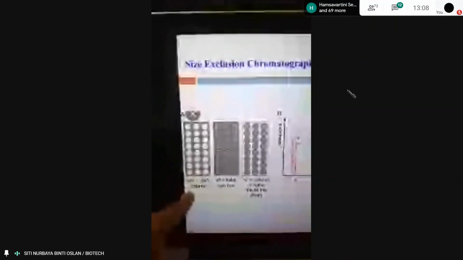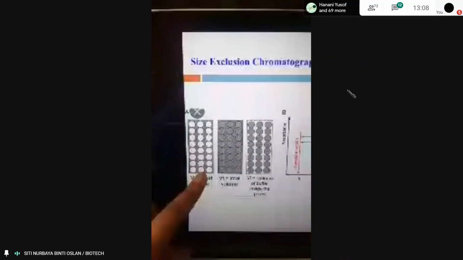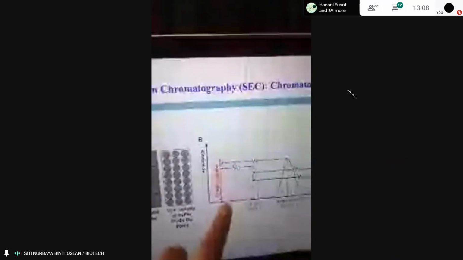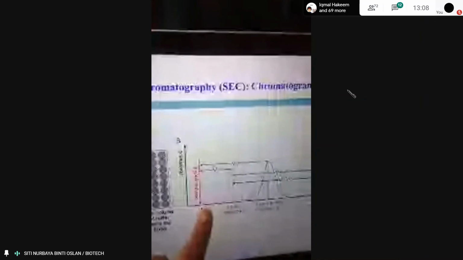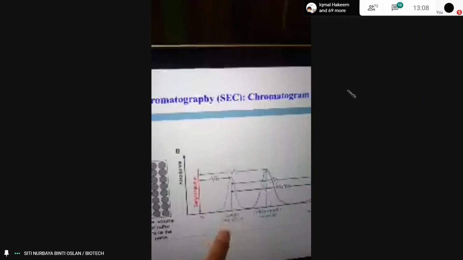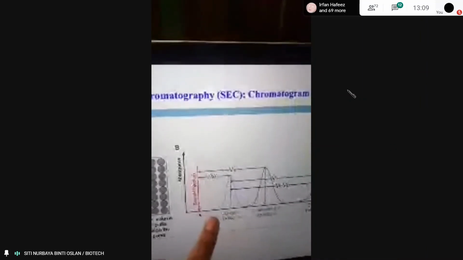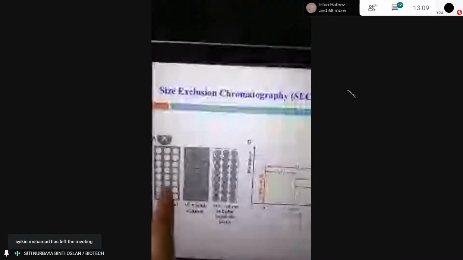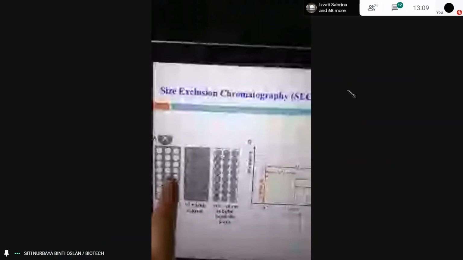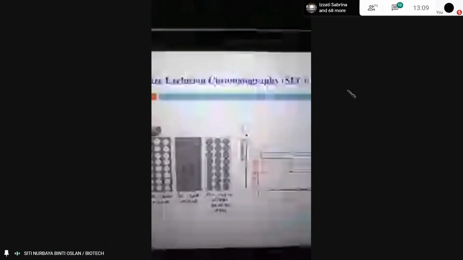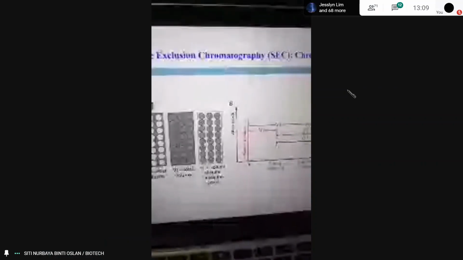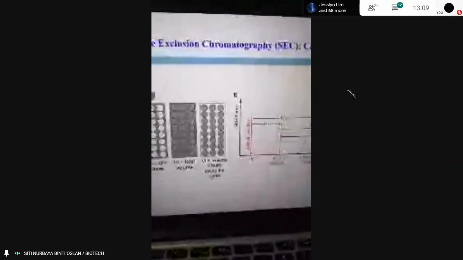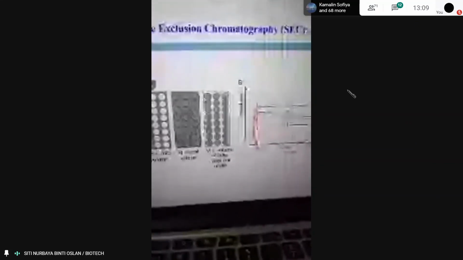It is not your sample yet. So if it is 100 ml, you don't want to start assaying the activity of your target protein from 1 ml, 2 ml, 3 ml, because you know the first 100 is just the solution or the buffer inside the column. Okay.